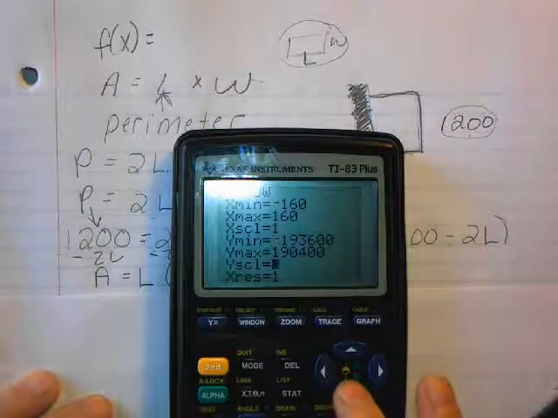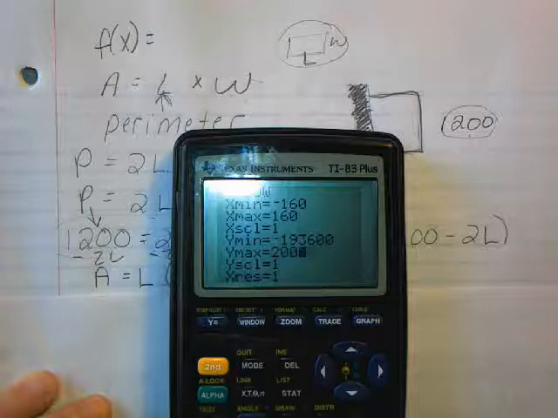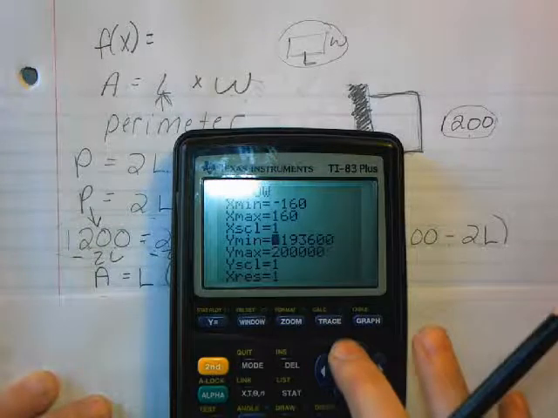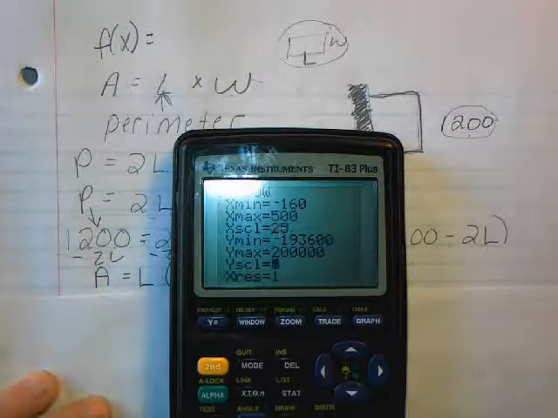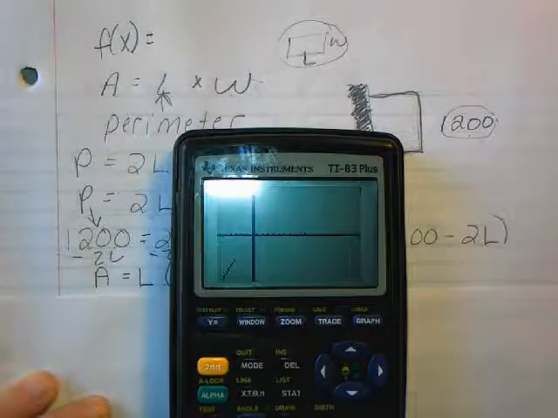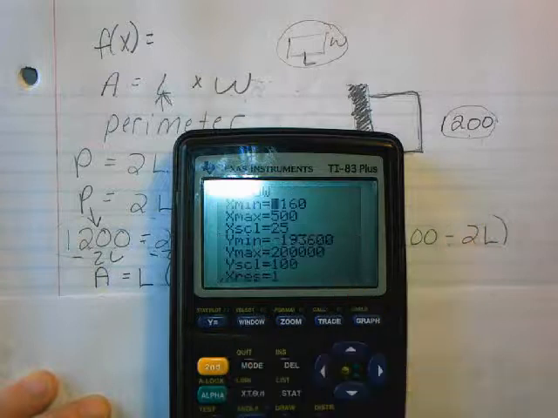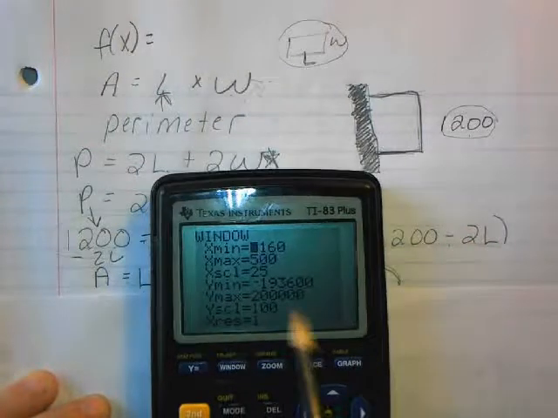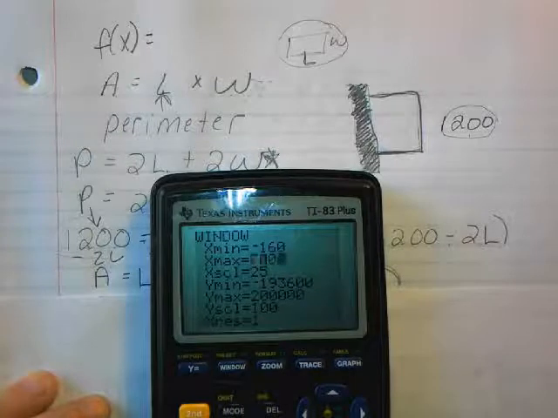Let's see. I put in, it didn't work, but I put 200,000. Let's see, I need to try 700.